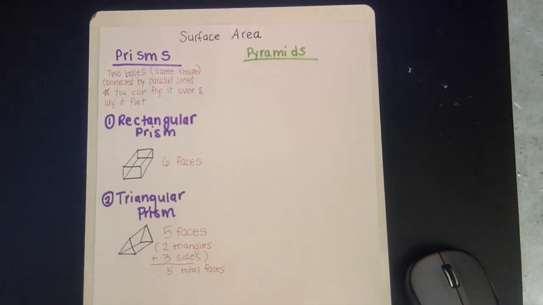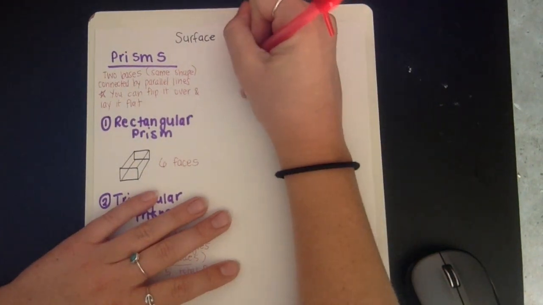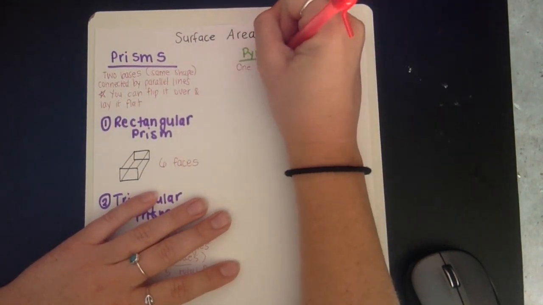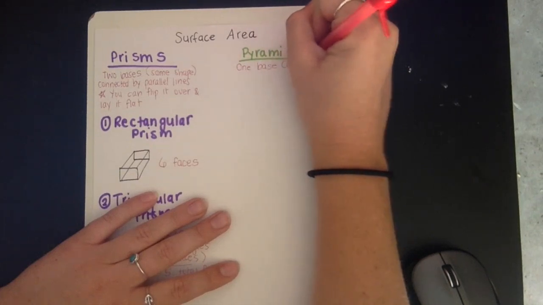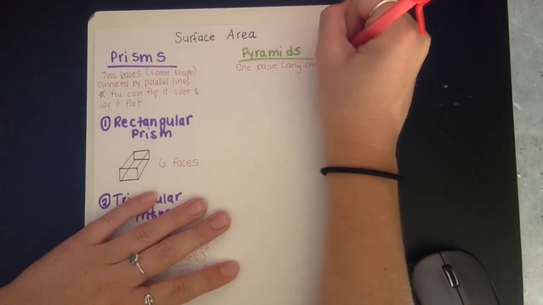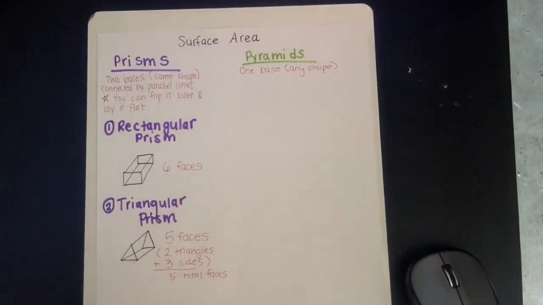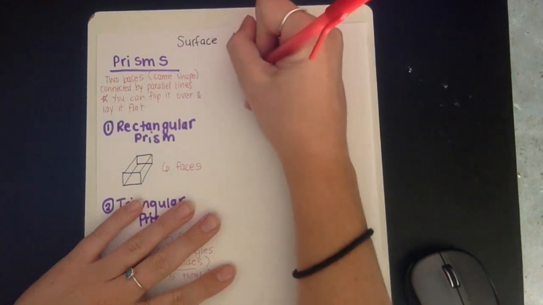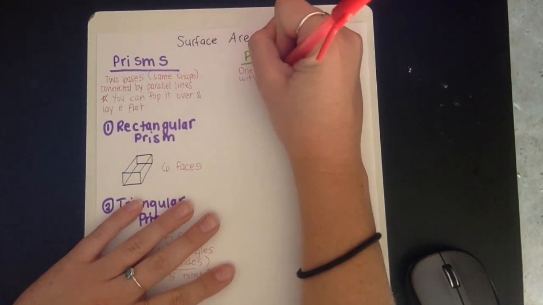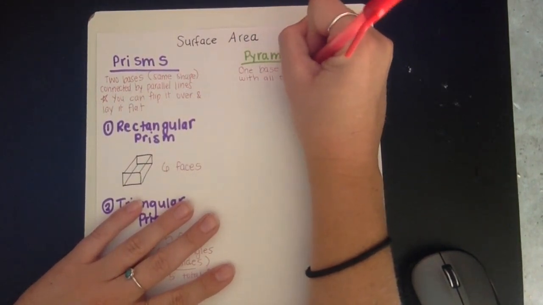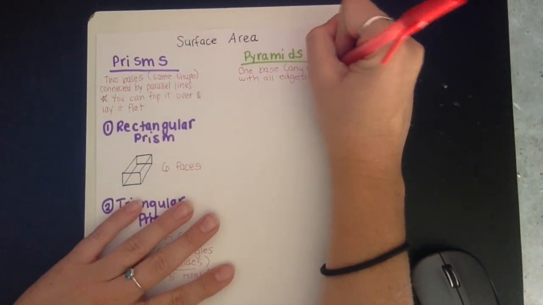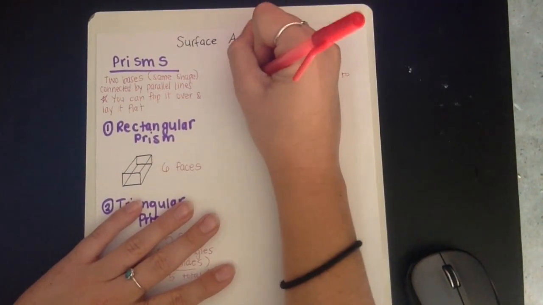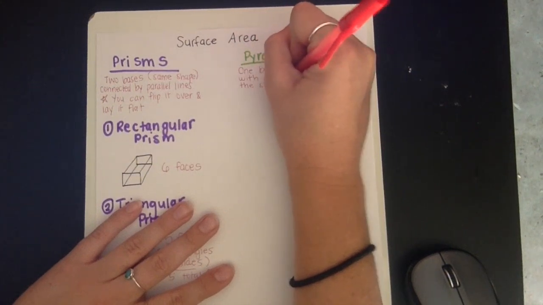So now let's get into what we're talking about today. Today we're talking about pyramids. How can I find the surface area of pyramids? Pyramids have only one base, which can be any shape. And instead of having 2 bases connected by parallel lines, a pyramid has all the edges going to the same point.